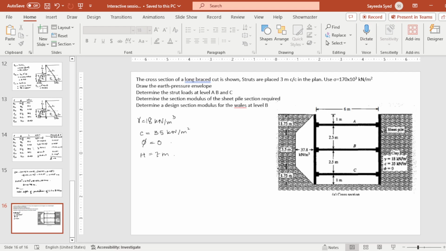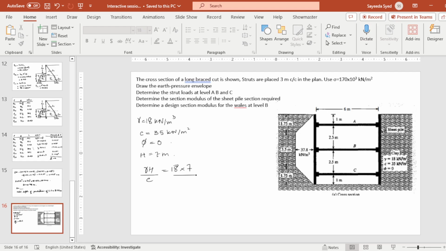And so let's first see gamma H by C. This is equivalent to 18 into 7 over 35, which is equivalent to 3.6. So we know that first we have to determine gamma H by C, and if it is less than 4, this will help us in deciding the pressure envelope.